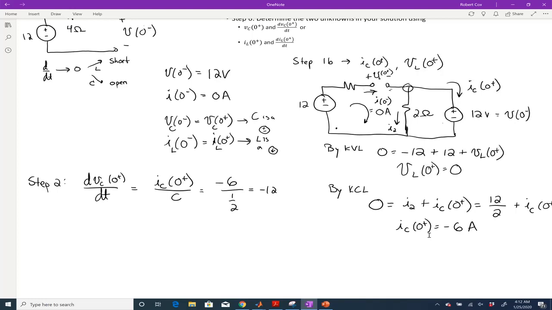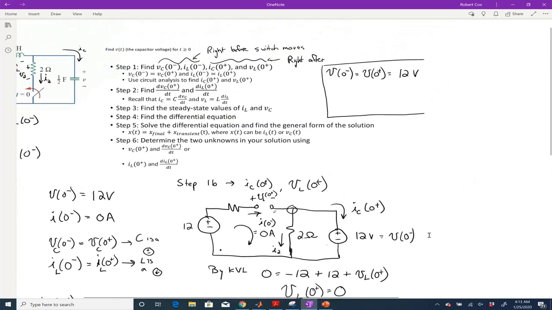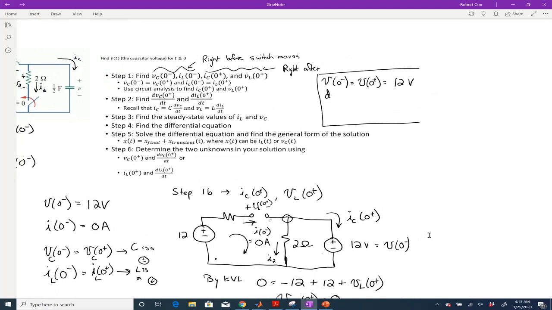If I want to do units on this, I would say volts per second, because it's d voltage by dt. So that tells me the rate of change of the capacitor voltage initially. I'm going to need that too, so I'm going to write up here dVc of 0 plus by dt equals negative 12 volts per second.